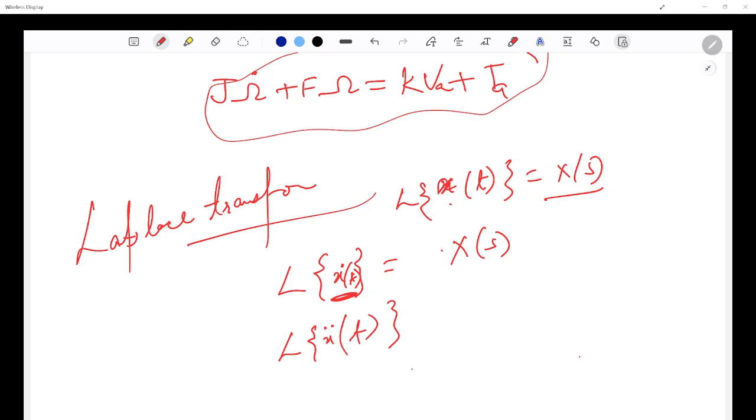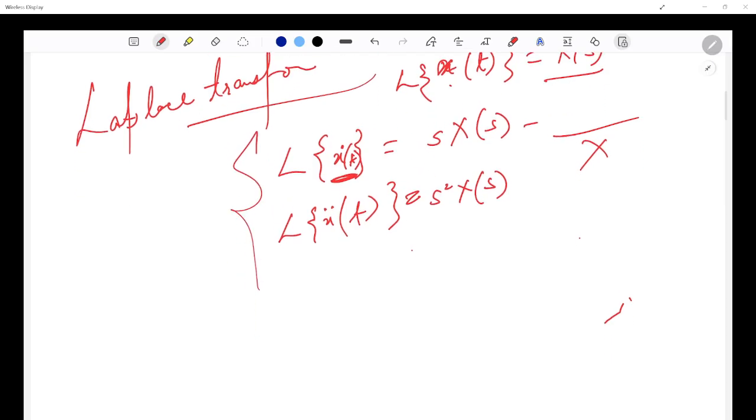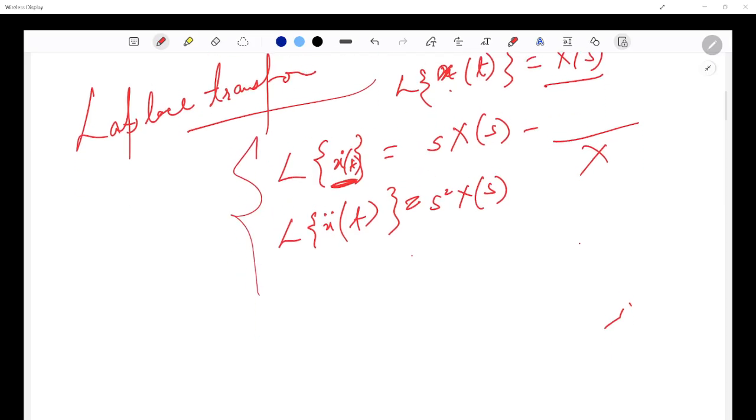So it's s into X(s), and minus you'll have initial condition terms, but when we take the transfer function we ignore the initial condition terms. And for x double dot it would be s square X(s). This is the very basic Laplace transform that we'll see today as well, and this is the place from where control systems start.